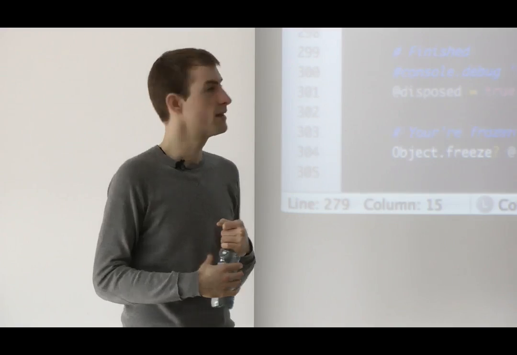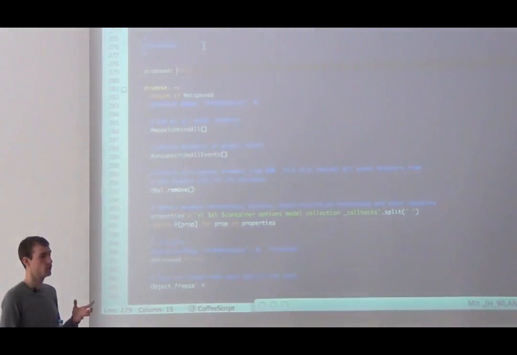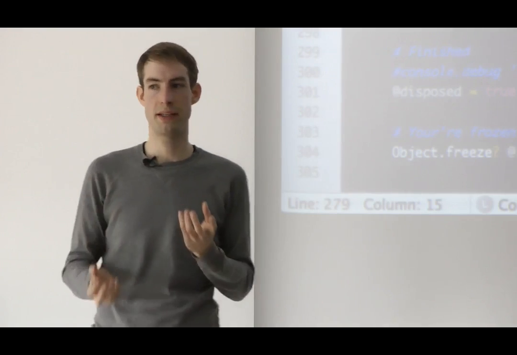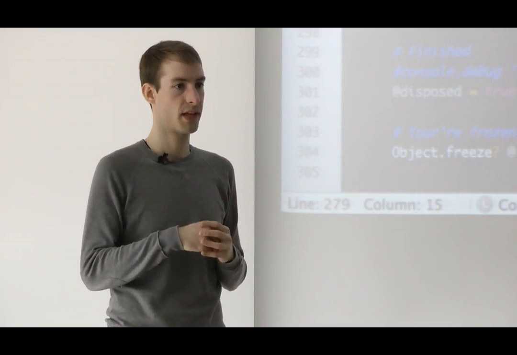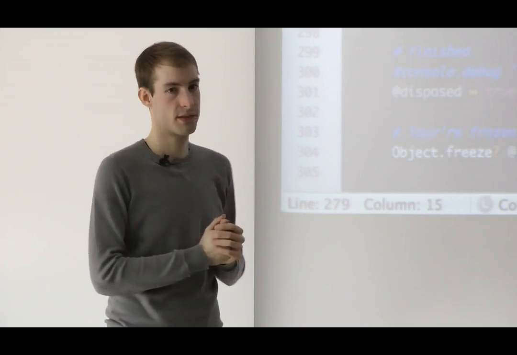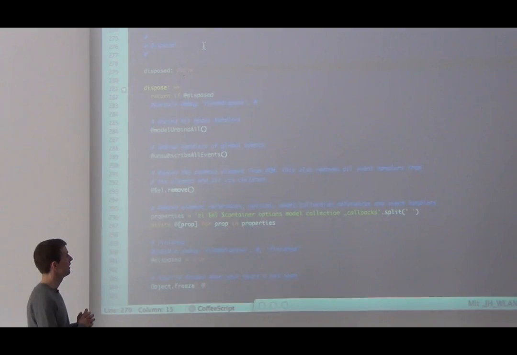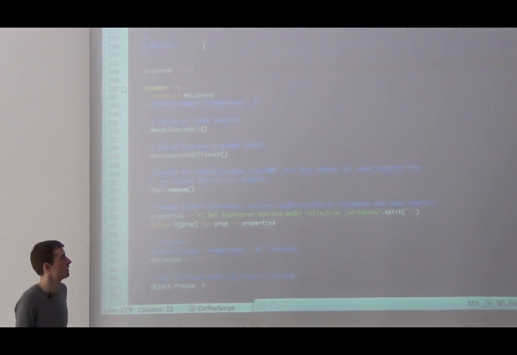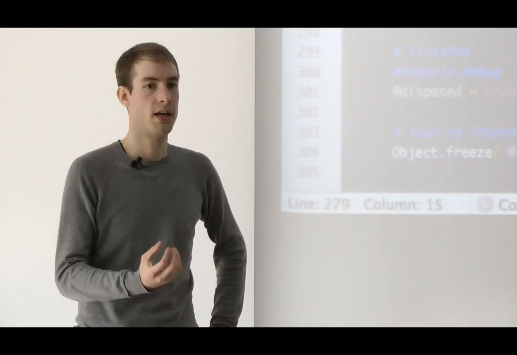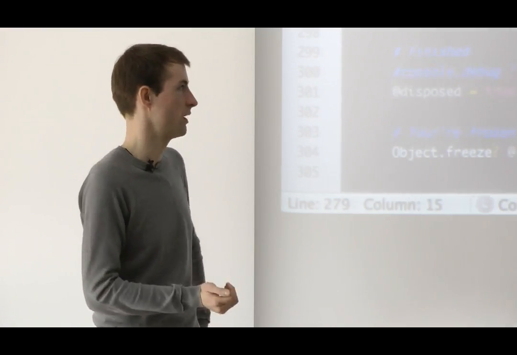This is important because when you do a model view binding and publish subscribe, this is always done with references to methods. And the methods of views, most of the time, are bound to the view itself. So if you do not remove this callback reference, the view cannot be garbage collected.